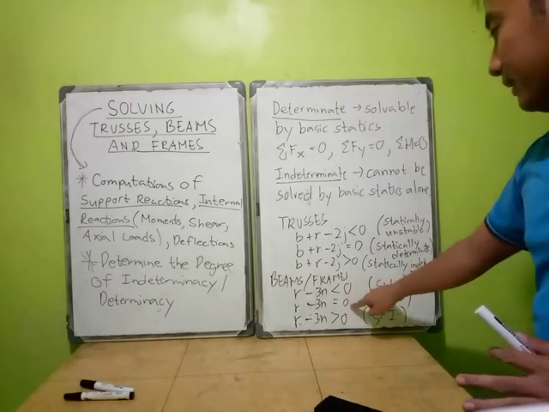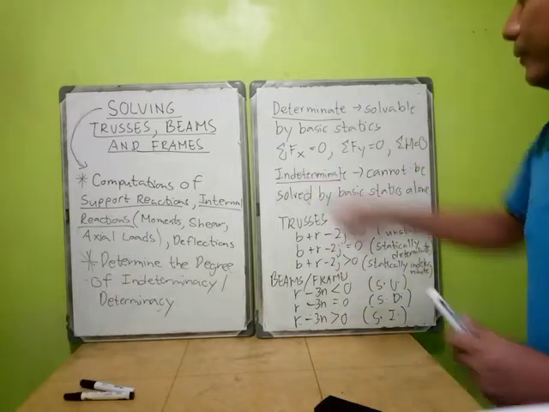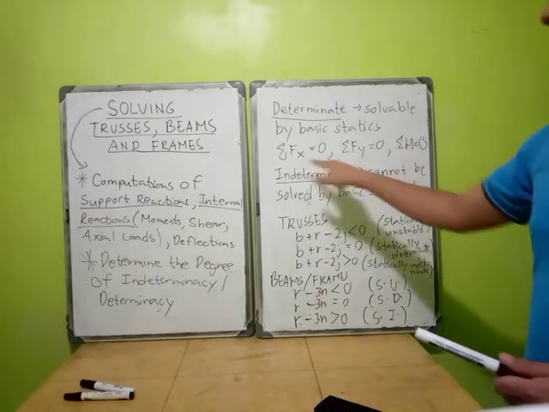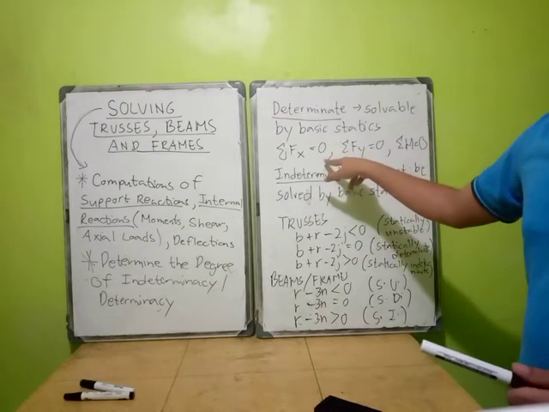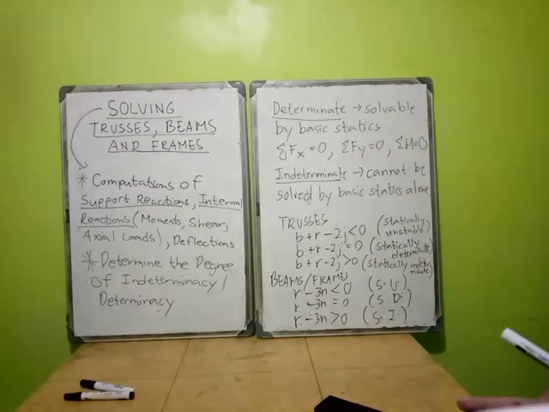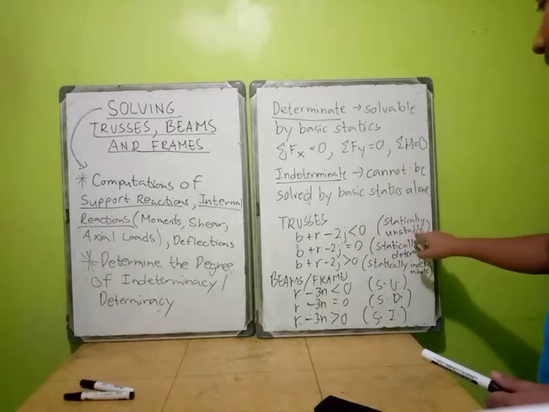Kapag ang result niya is 0, automatically masolve mo yung problem na yan using these 3 equilibrium equations by statics. So kapag less than 0 siya, ibig sabihin, statically unstable, hindi mo siya masolve.